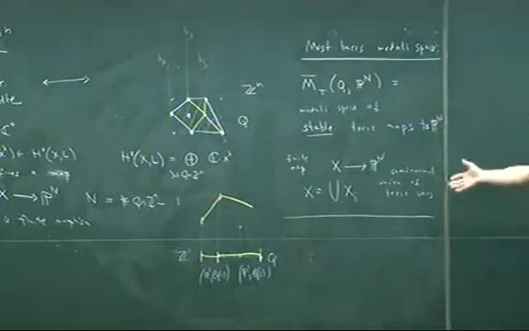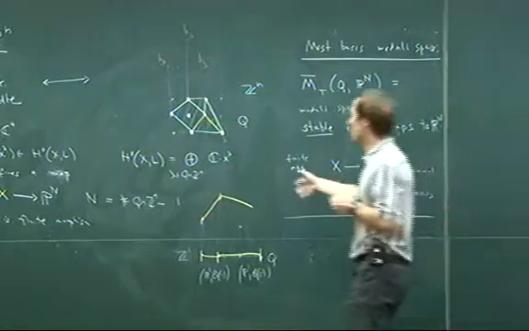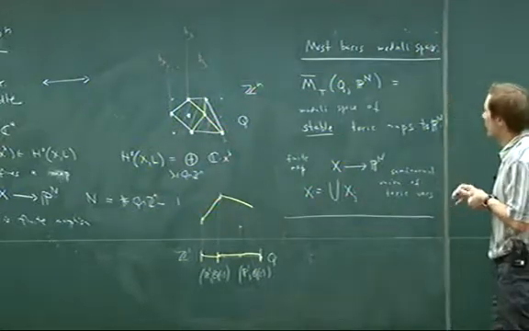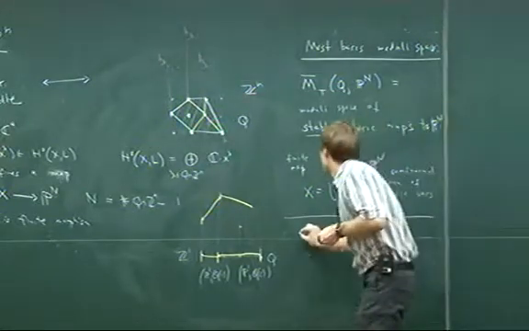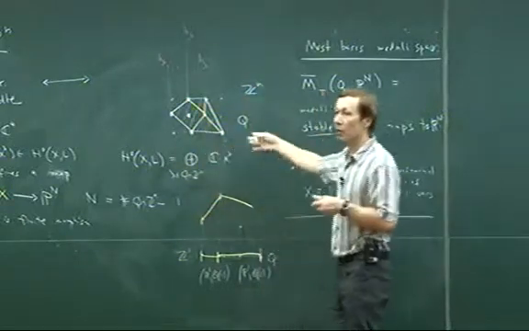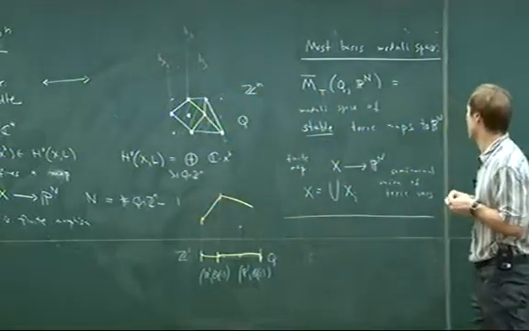To describe this moduli space, to understand what all of these stable toric varieties are, all you have to understand is what the subdivisions of the given polytope Q are into smaller polytopes.